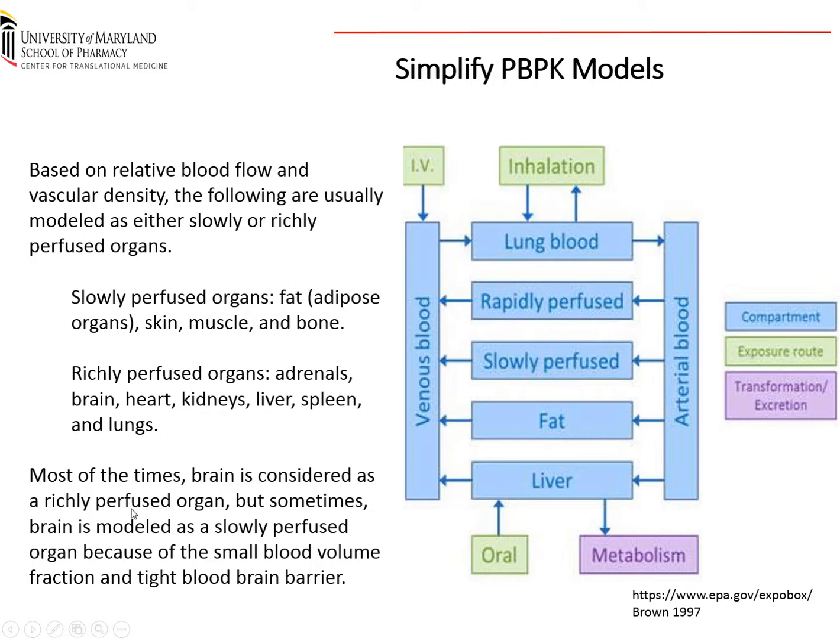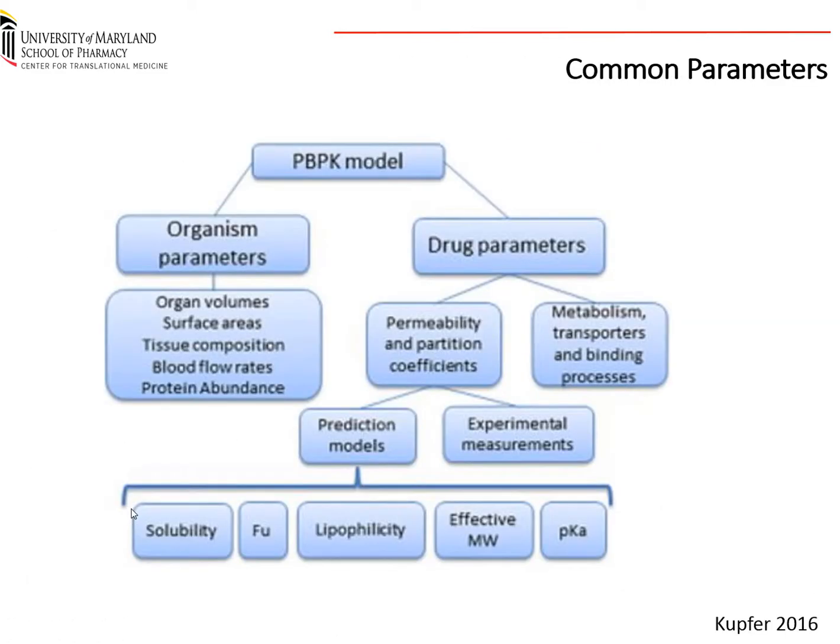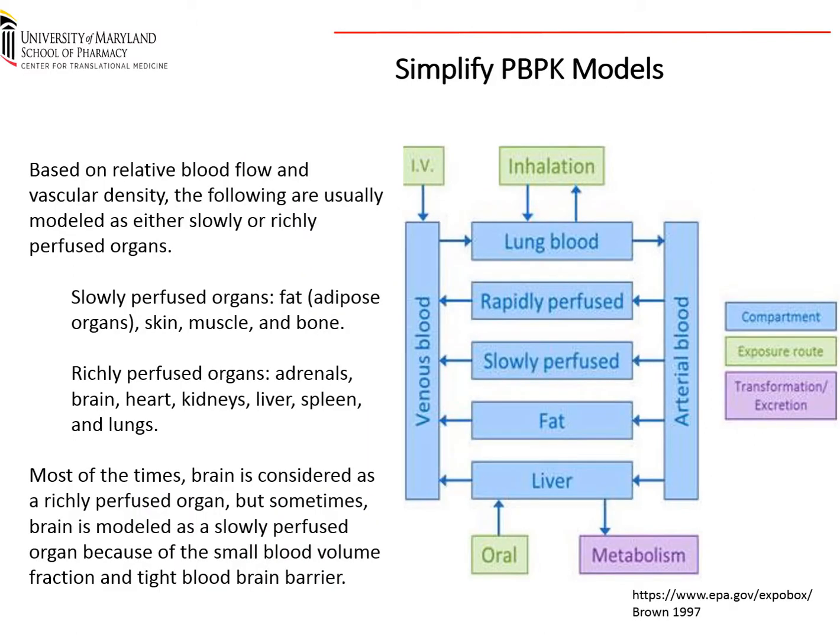Most of the time, brain is considered a richly perfused organ, but sometimes it can also be modeled as a slowly perfused organ because of the small blood volume fraction and, of course, the tight blood-brain barrier. So it depends on the type of the model you're trying to build, and it depends on project to project which compartments or organs are important to a particular project, and depending on that, the structural model can be determined.